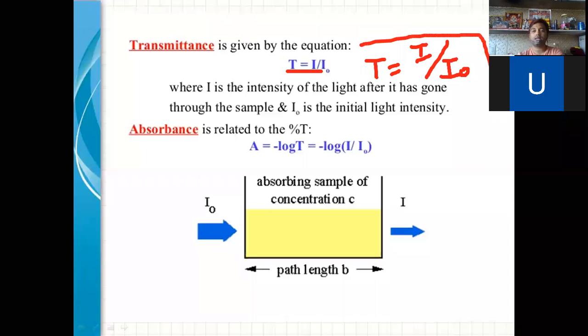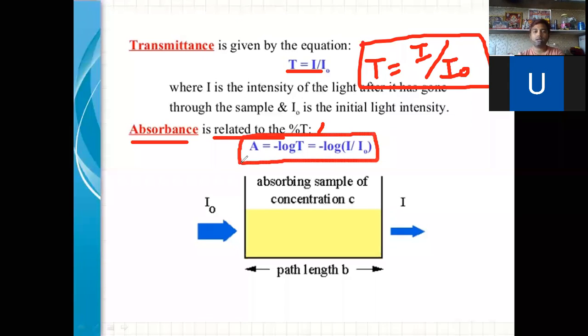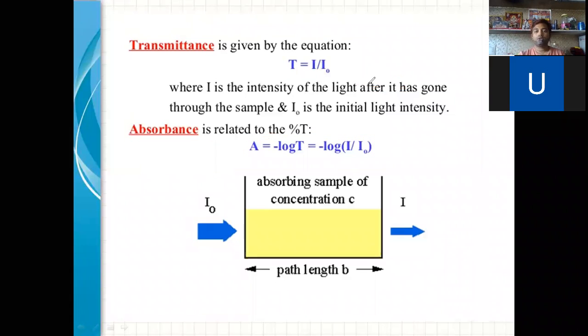This is transmittance, where I is the intensity of light after it has gone through the sample, and I naught is the initial light intensity. And absorbance is related to percentage transmittance: A is equal to minus log T. This is the relation between absorbance and transmittance. These two terms you have to remember as far as examination is concerned.